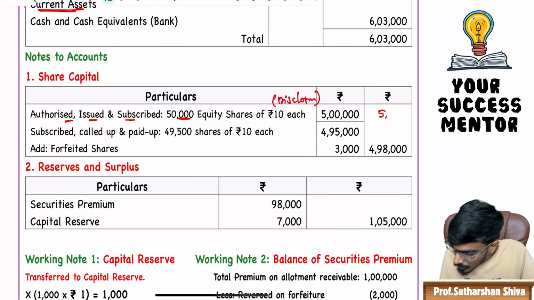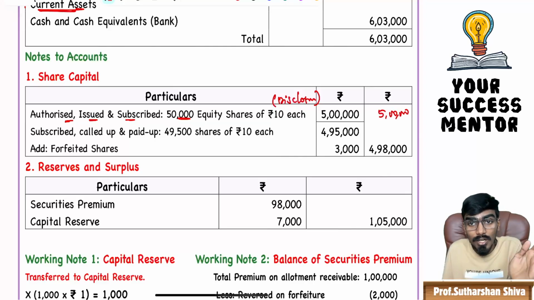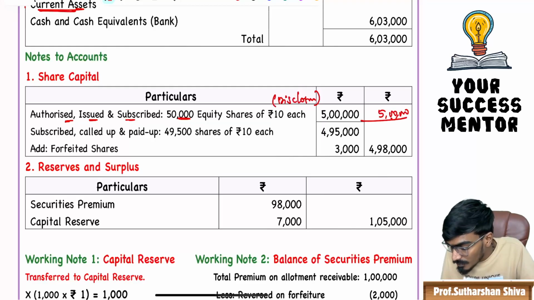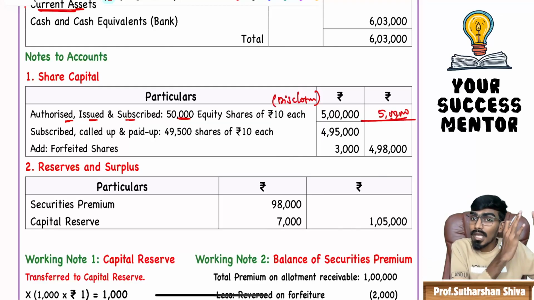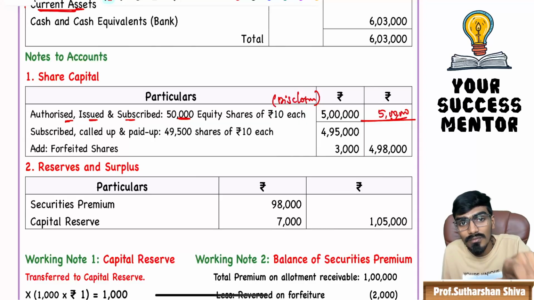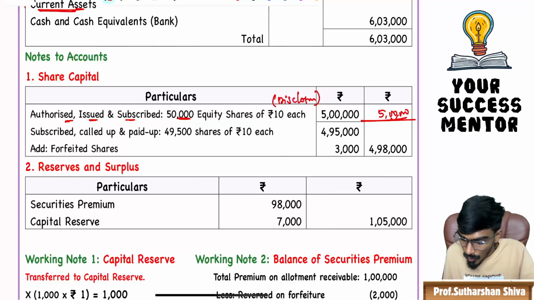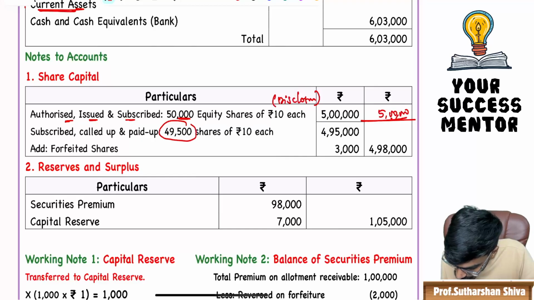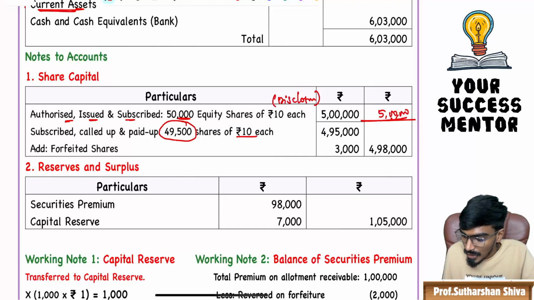You should not write 5 lakh. That's why I have written it in the inner column. Actually, it should be written in the outer column, but for you to understand, I have written it in the inner column. So 5 lakh will just be shown as a balance. It will not be taken to the balance sheet. It is just a disclosure statement as per AS 1. We'll just disclose how much they are subscribing: 49,500 into 10, which is nothing but 4,95,000.